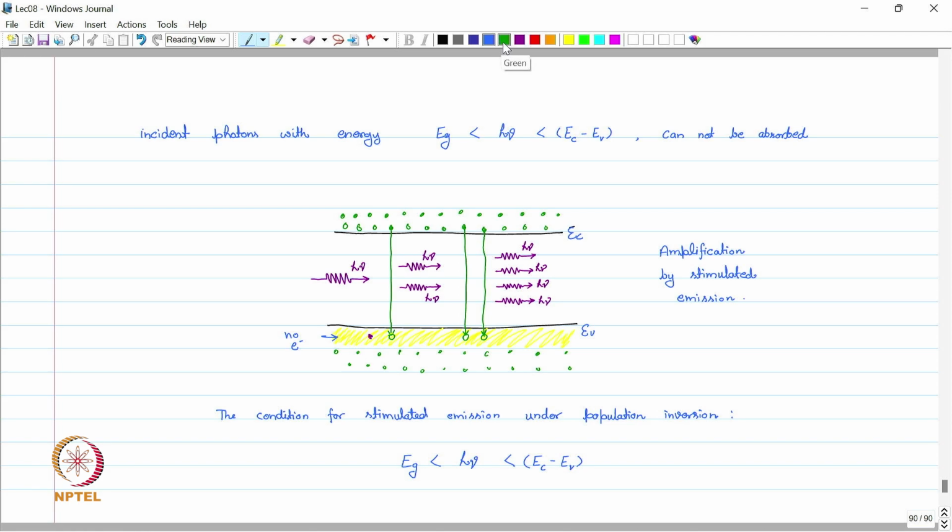So this is the necessary condition for laser action.